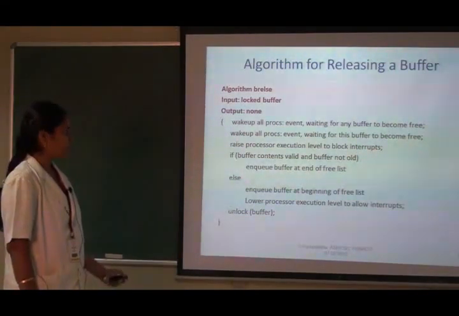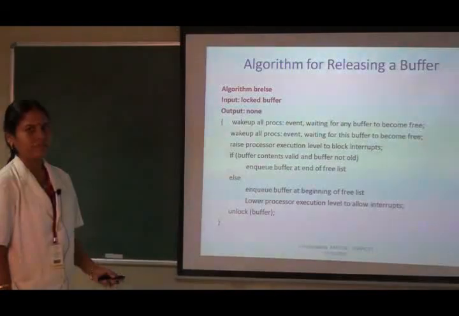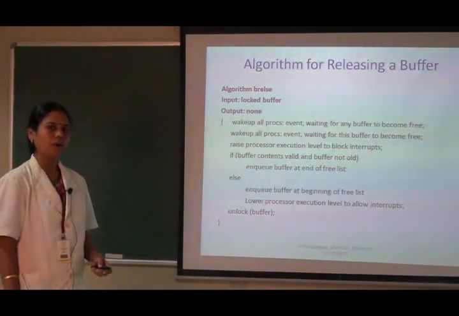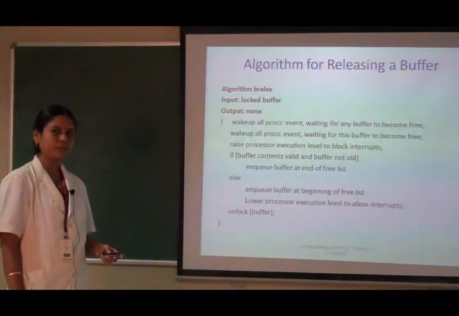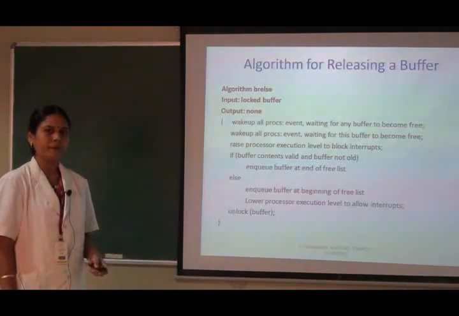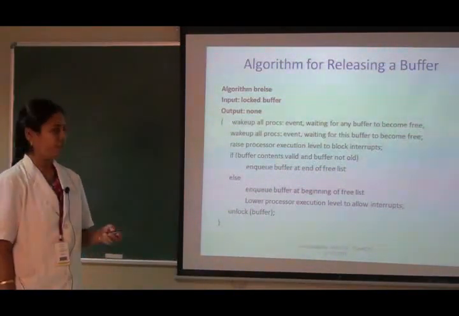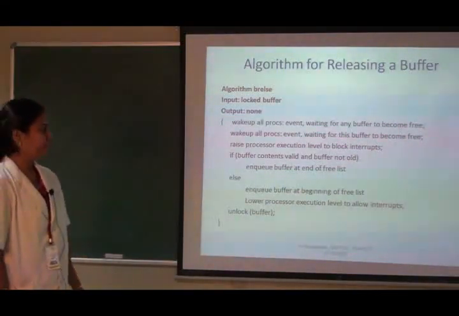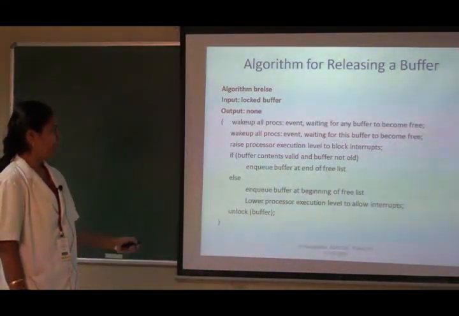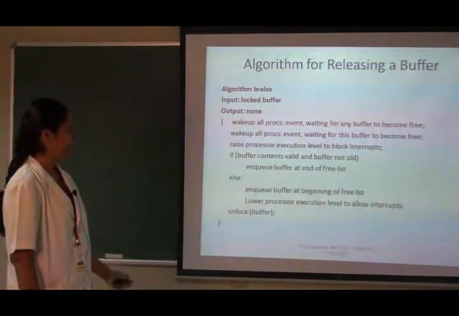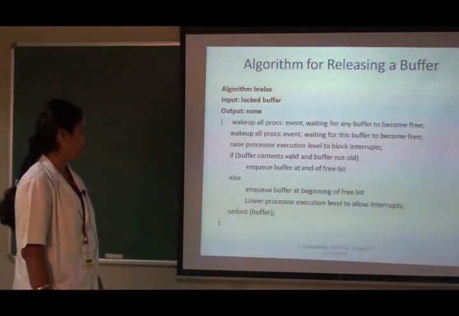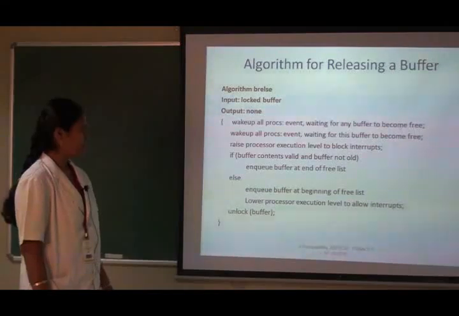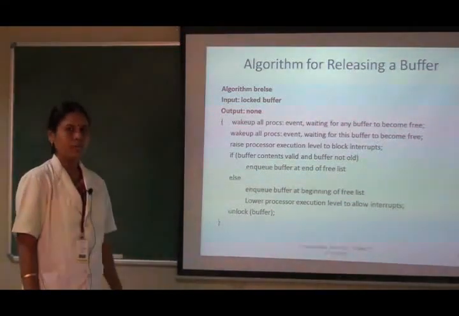So when a process is going to add a buffer in the free list, it has to wake up all sleeping processes waiting for any buffer to become free, and wake up all processes waiting for this buffer to become free, and raise processor execution level to block interrupts.